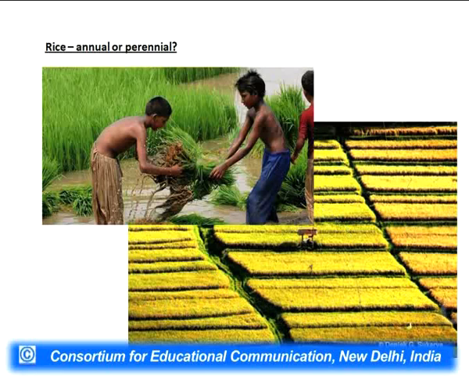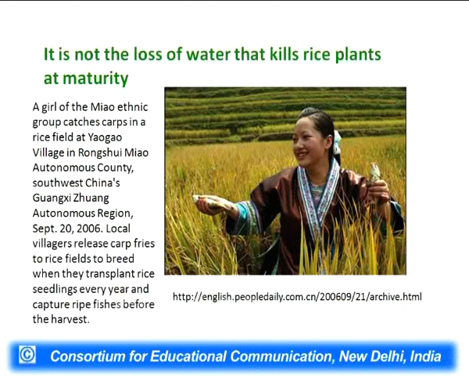At maturity, if you look at the entire field, they turn into a senescence phase, which is yellowish followed by brownish color, and the whole field dies out completely. Now, this is a typical nature of an annual plant, where the plants undergo developmental senescence and the entire plant dies out.